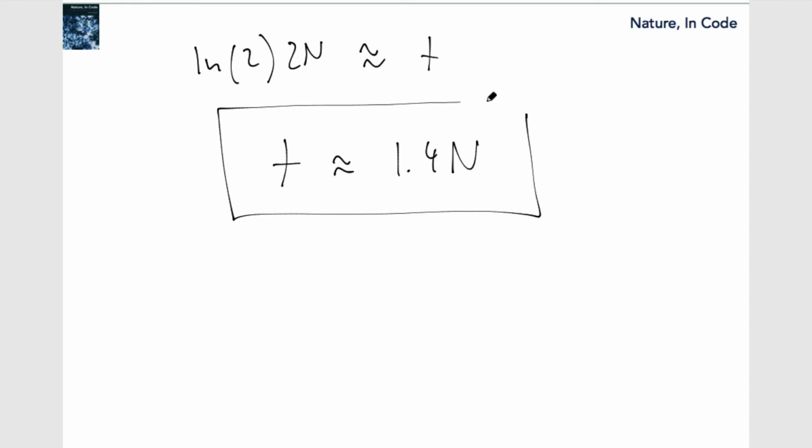So this is how long it takes to reduce your genetic variation by half. We just talked about how genetic drift is this force that reduces genetic variation in populations, and it will eventually, in the absence of any other process, get rid of all the genetic variation that we have.